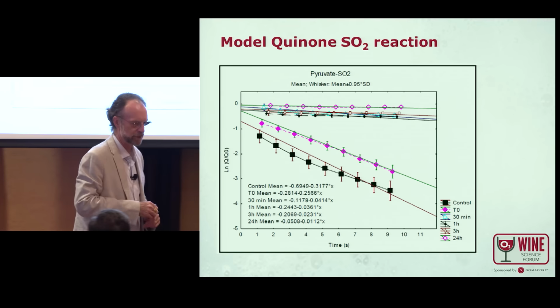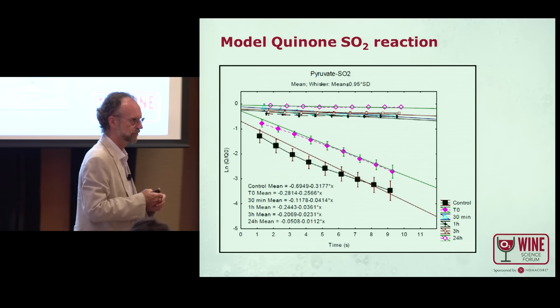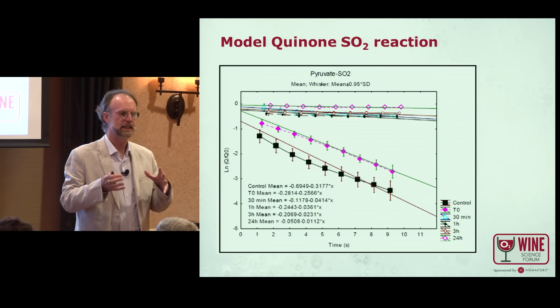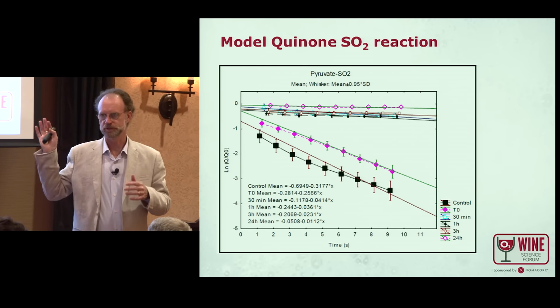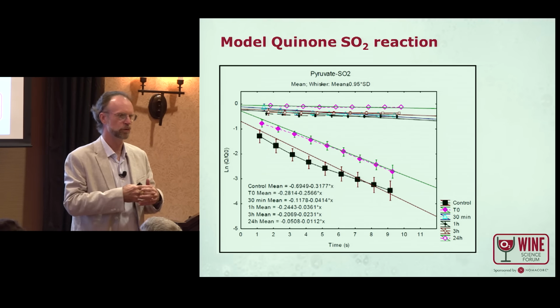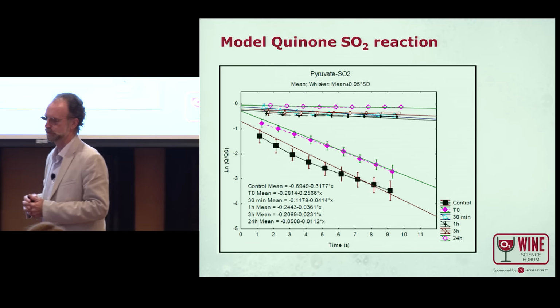What we think is happening is that this is one of the oxidation products that arises from oxygen exposure, and acetaldehyde does a very similar thing. It essentially binds up the SO2 a little bit. In the case of pyruvic acid, it's called a weak SO2 binder.